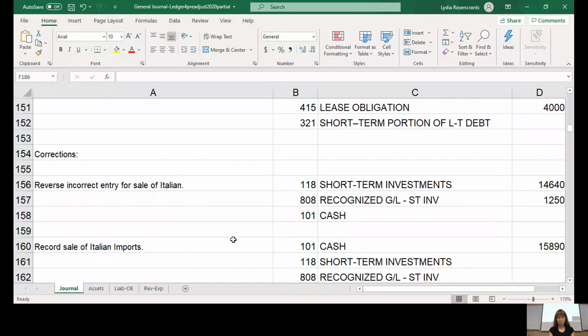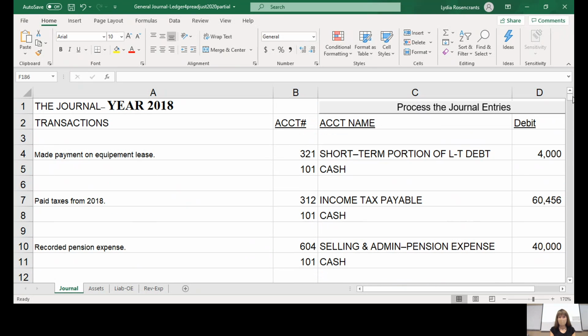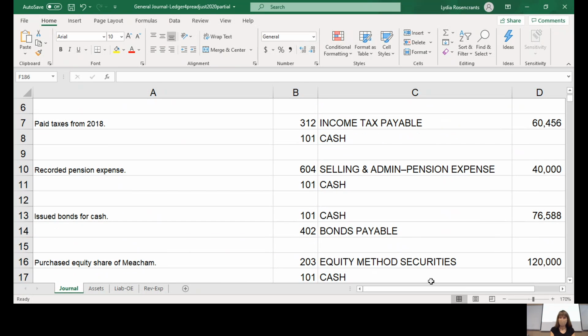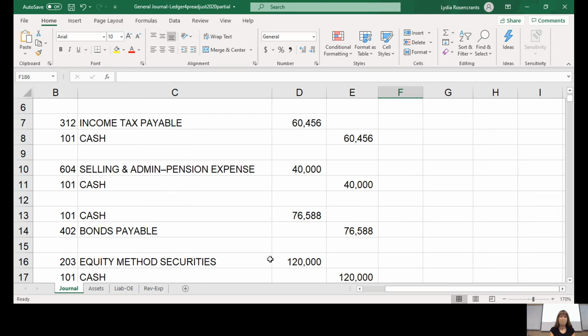So Mike, he knew that they got the 76,588 is the cash. So he simply recorded cash of 76,588 and bonds payable of 76,588. That's not correct. Okay, the bonds payable must be at the 80,000 and we must show the discount. So let's reverse Mike's entry here and then put on the correct entry.